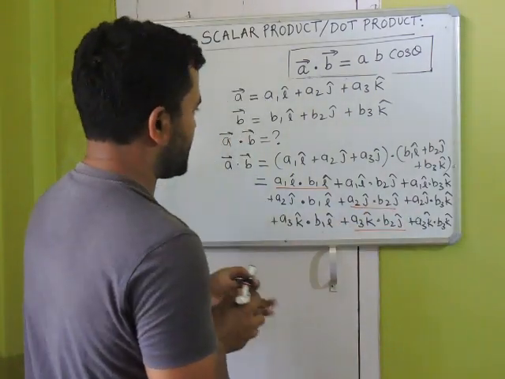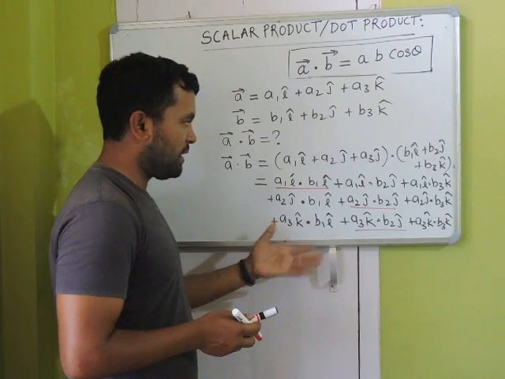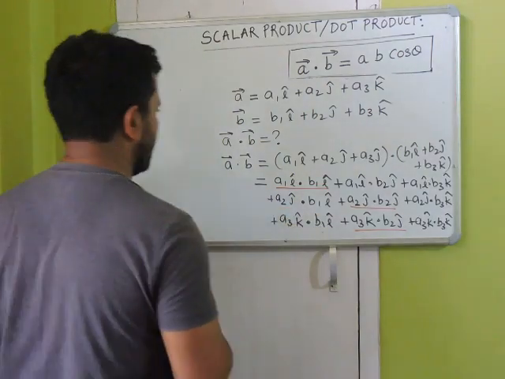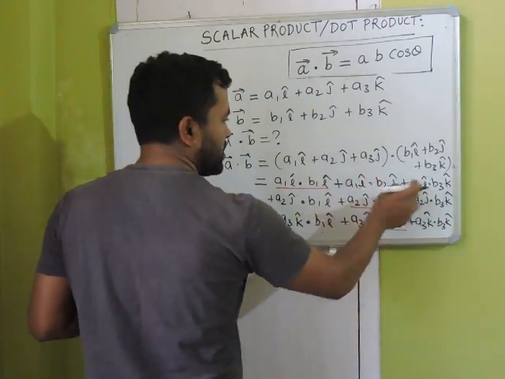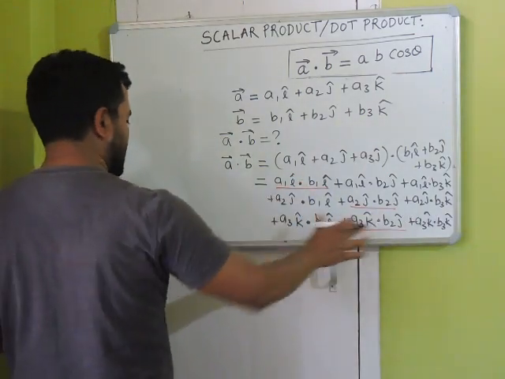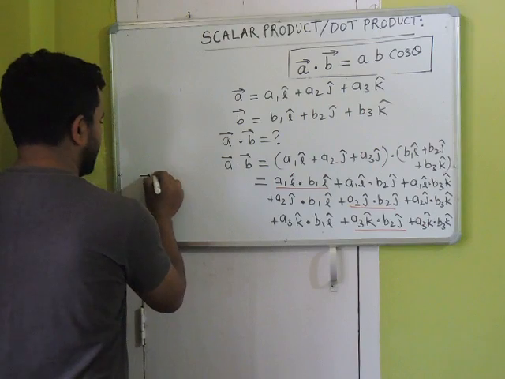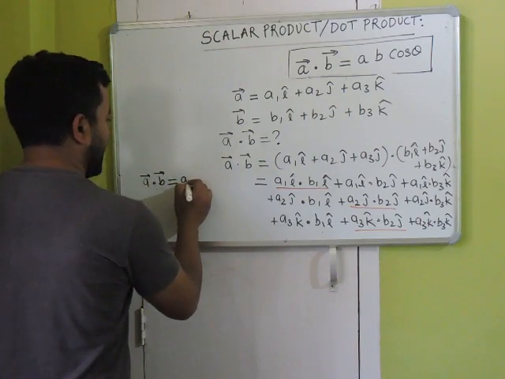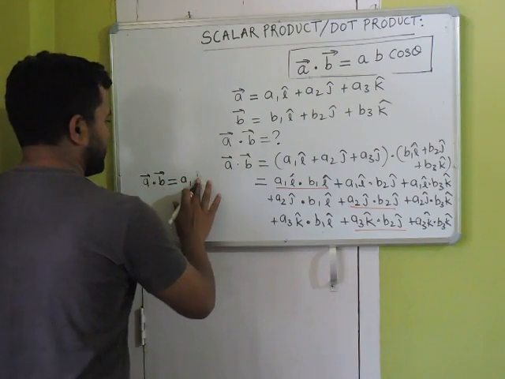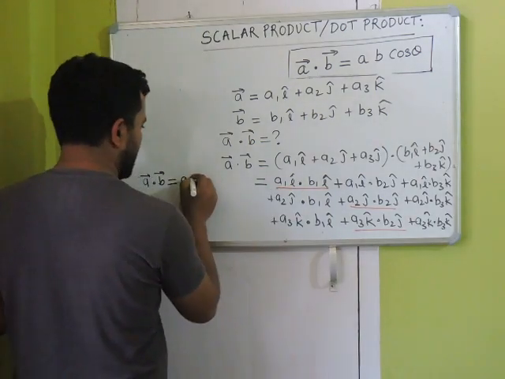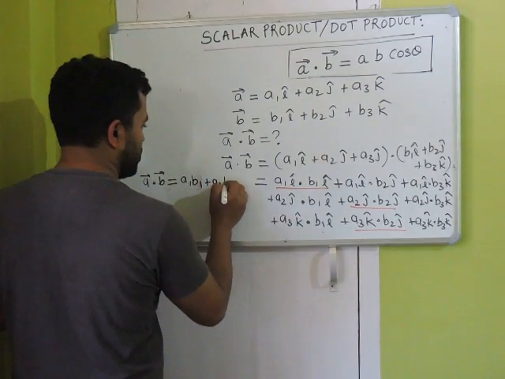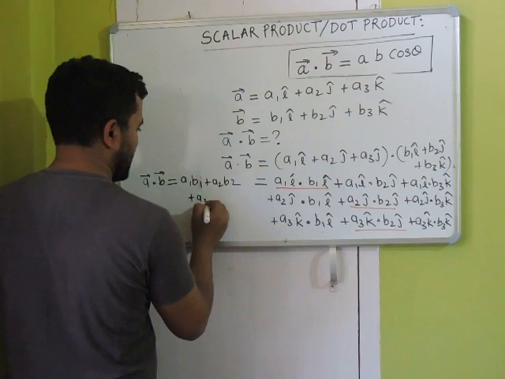So this 9 term equation is simplified to a great extent. The rest, i dot j and all these, are perpendicular vectors, their dot product is 0. So you are going to get A dot B, in this case, will be A1 B1 plus A2 B2 plus A3 B3.